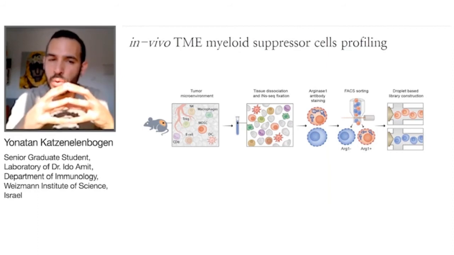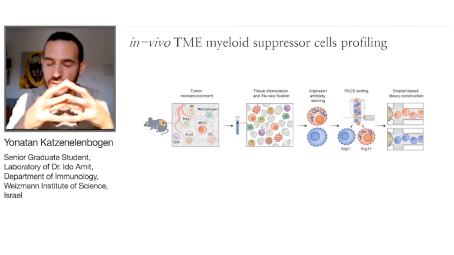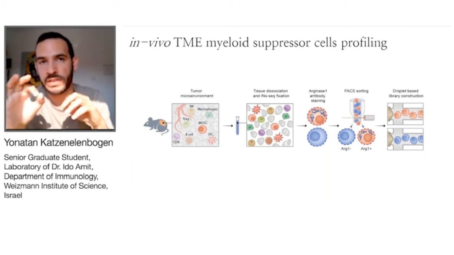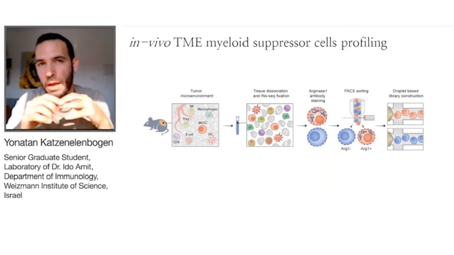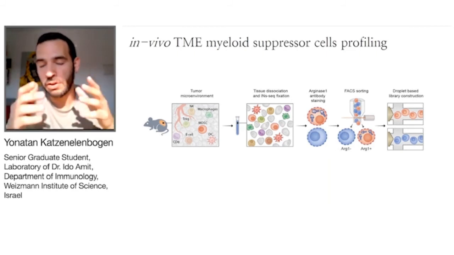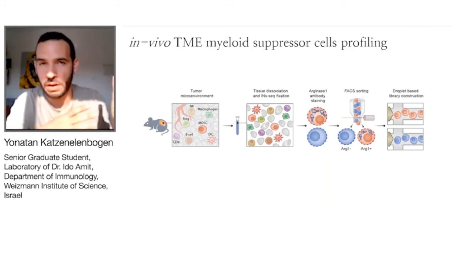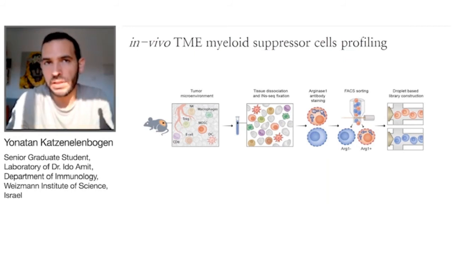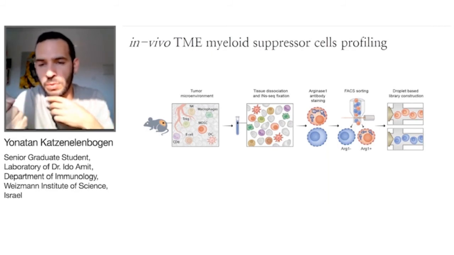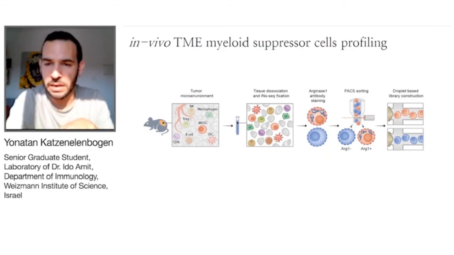It's hard because it doesn't have a distinct surface marker. But what they do have is a very distinct metabolic signature, mainly characterized by increased arginase 1. So we said, okay, we have the ability to do it. Let's stain for arginase 1 and sort arginase 1 positive and negative cells, and this is exactly what we did.